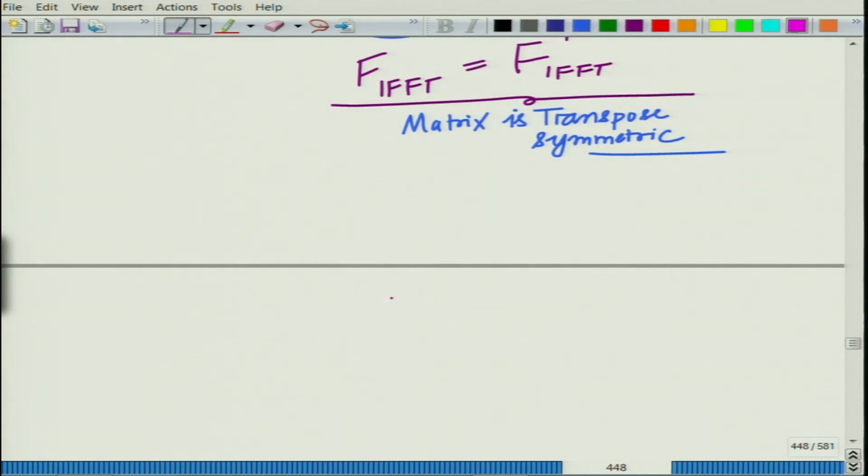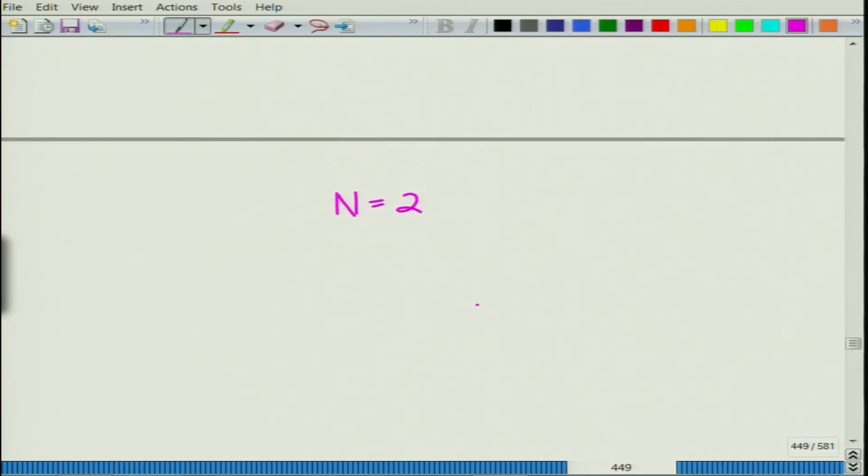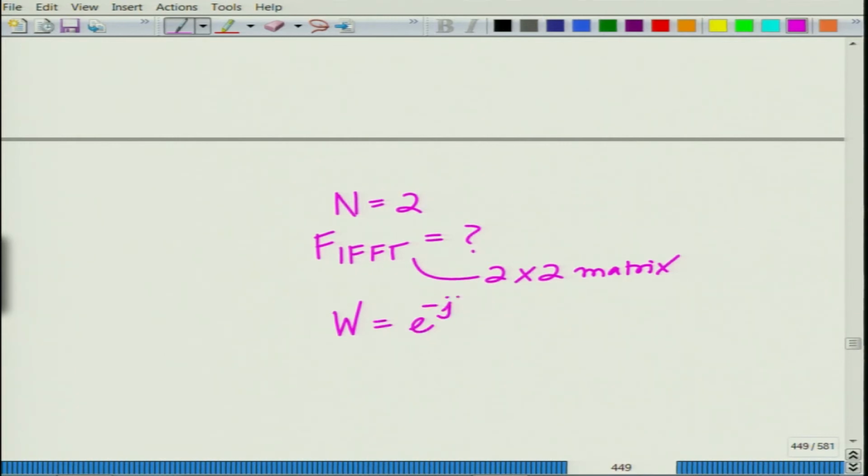For instance, let us take the case of n equal to 2 and ask ourselves what F I F T is. Naturally, this will be an n cross n, a 2 cross 2 matrix. W equals e raised to minus j 2 pi over n, which equals e raised to minus j 2 pi over 2, which is e raised to minus j pi, which is minus 1.